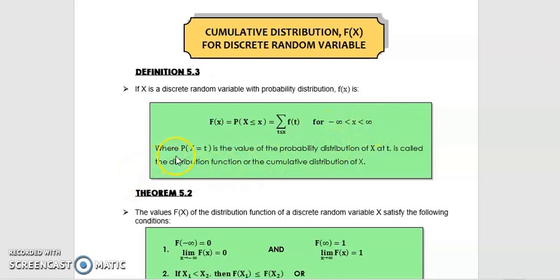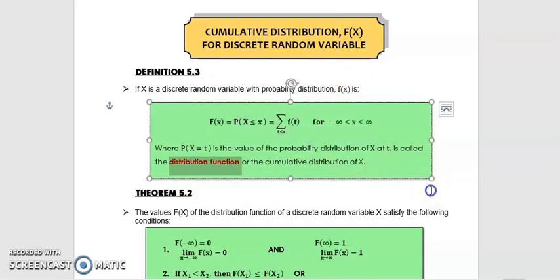If you look at here, the probability of X equal to t is the value of the probability distribution of x at t. Okay, so it is called the distribution function or the cumulative distribution of x. So the cumulative distribution of x is also called the distribution function.